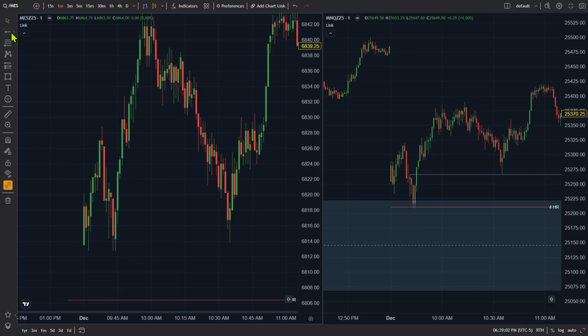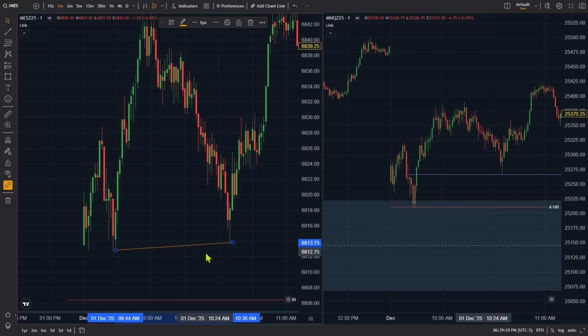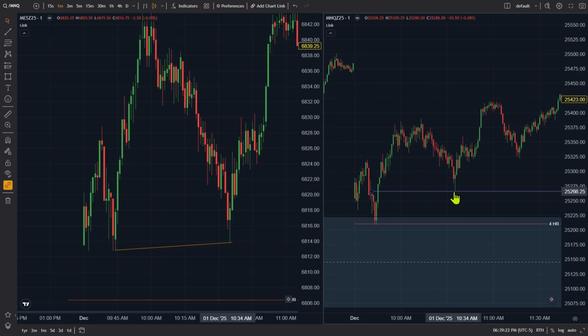But I'm watching NQ. See, there's a little bit higher low. I'm watching ES and thinking these lows are going to get swept. And I don't take that trade. I didn't even recognize this being a higher low. Had I been watching NQ here, that's exactly what I look for.